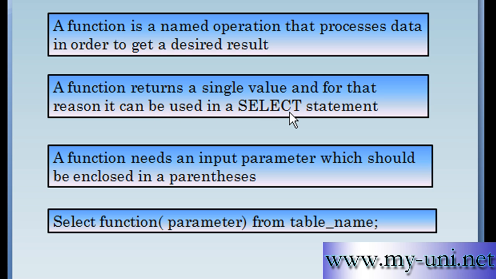And again, when we do the practical example, we'll see this happening. A function needs an input parameter which should be enclosed in parentheses. So the syntax, if you like, would be select, the name of the function and parameter enclosed in brackets, from table name. This would be the syntax in order to use a function.